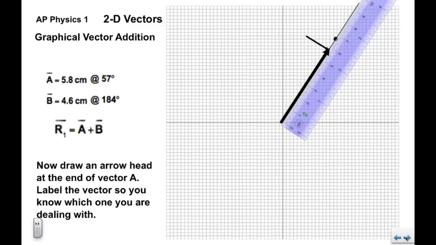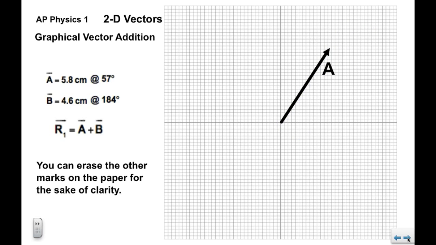I'm going to bold the section of the line that represents vector A, put an arrow on the end of it, and label it vector A so that I know which one I'm dealing with. I can also erase the other markings that were up here. So there's vector A, actual size, actual direction in my XY plane.